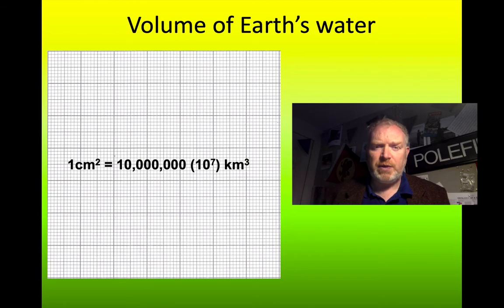We are dealing with some fairly big numbers here, but yeah, 1 square centimetre is 10 million cubic kilometres. So once you've got a total, you can then divide that by 10 million, and that'll give us the number of square centimetres that we need to colour in for each of the things I've asked you to do.